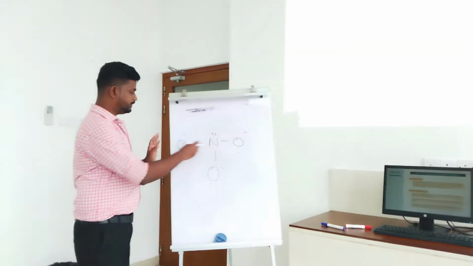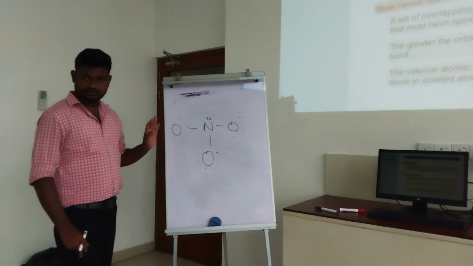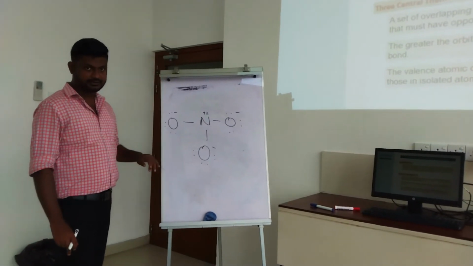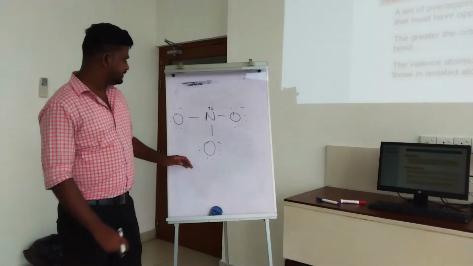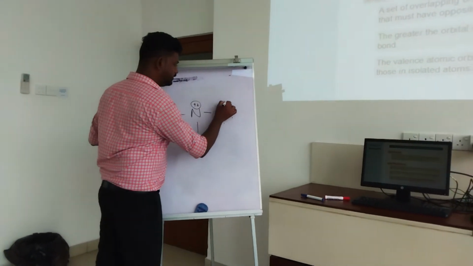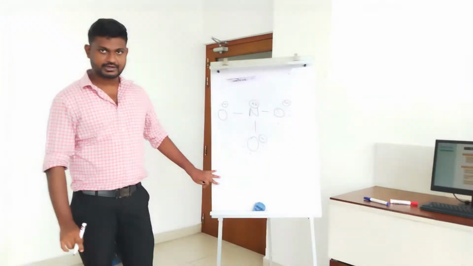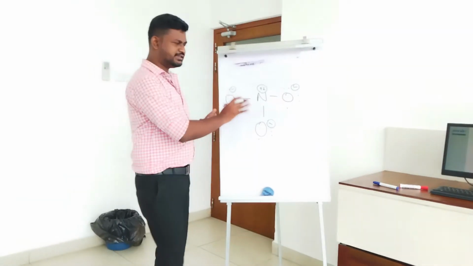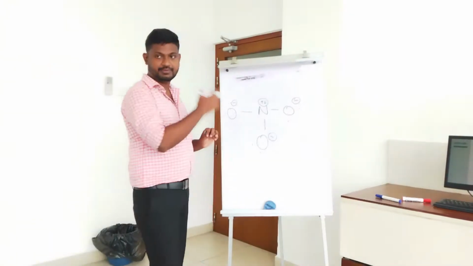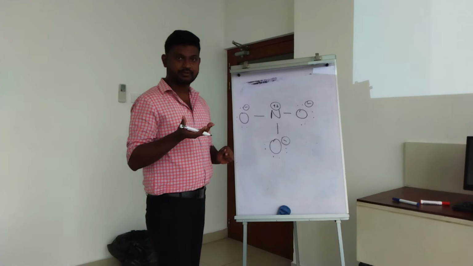In NO3 minus, this is the structure, right? But in this structure you see one negative charge, here 2, here 1, here 1. These are the formal charges given. The structure is okay, but it is not stabilized, so this kind of structure is not common in nature.